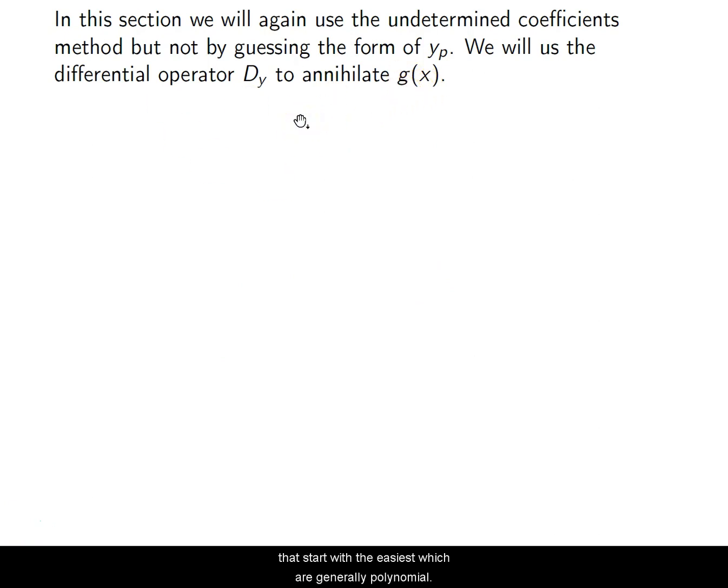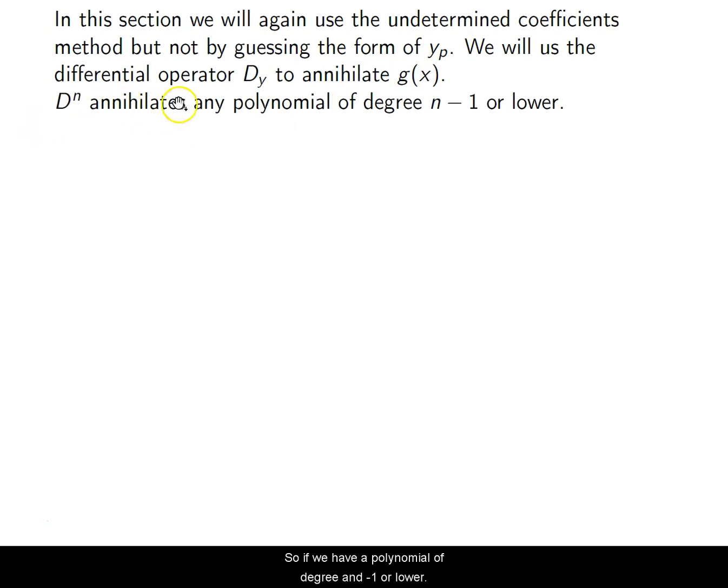Okay, so let's start with the easiest, which are generally polynomials. If we have a polynomial of degree n minus 1 or lower, the annihilator D^n will annihilate that polynomial. Think about this as us basically taking the nth derivative. The differential operator, we talked about this in class briefly, differentiates my function y.